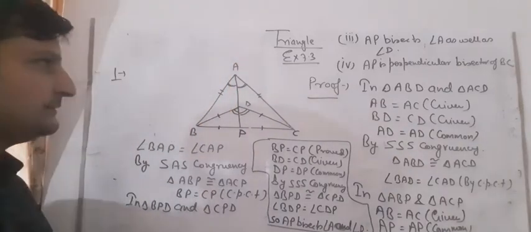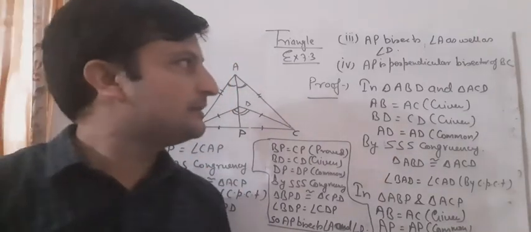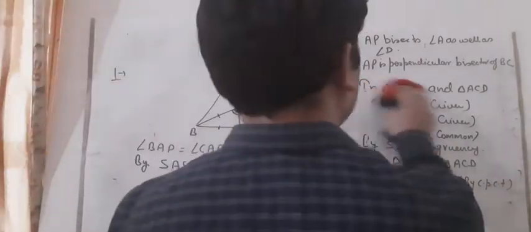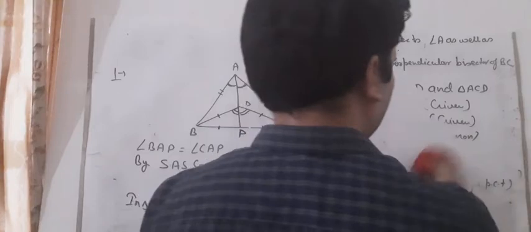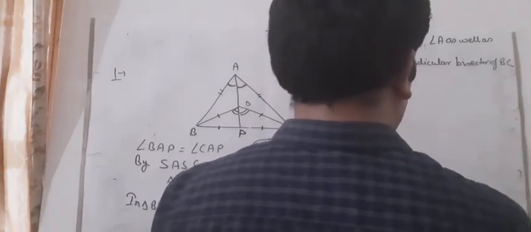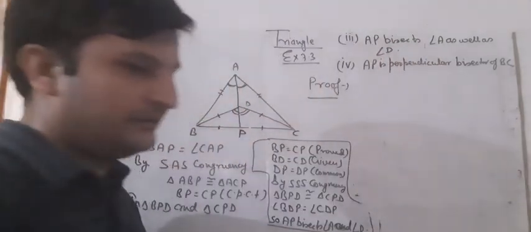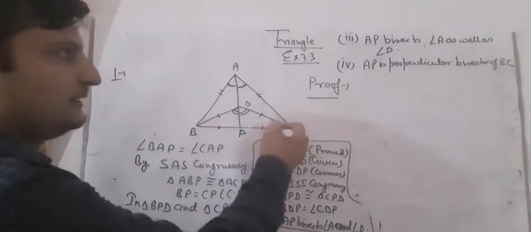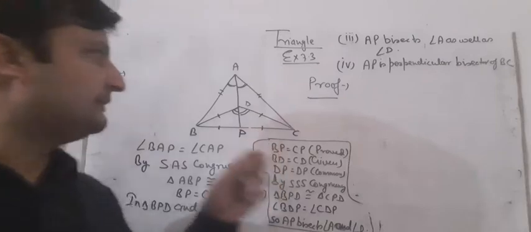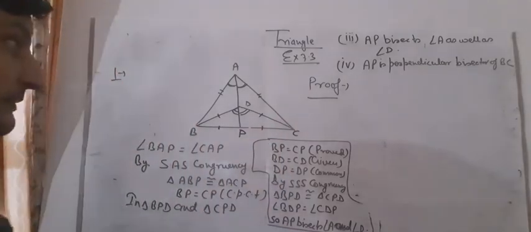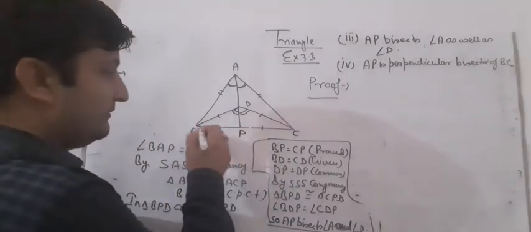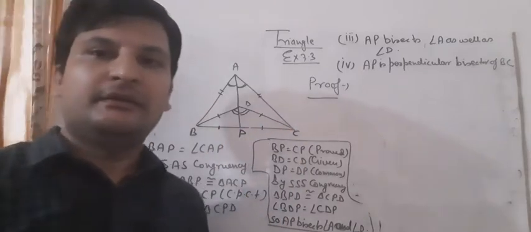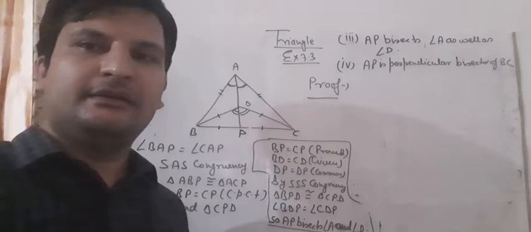Now the next thing is we have to prove that AP is perpendicular bisector of BC. How can we prove it? It means we have to prove that, perpendicular bisector means, we have proved here BP is equal to CP, but we have to prove that this is a perpendicular bisector, means 90 degree angle.